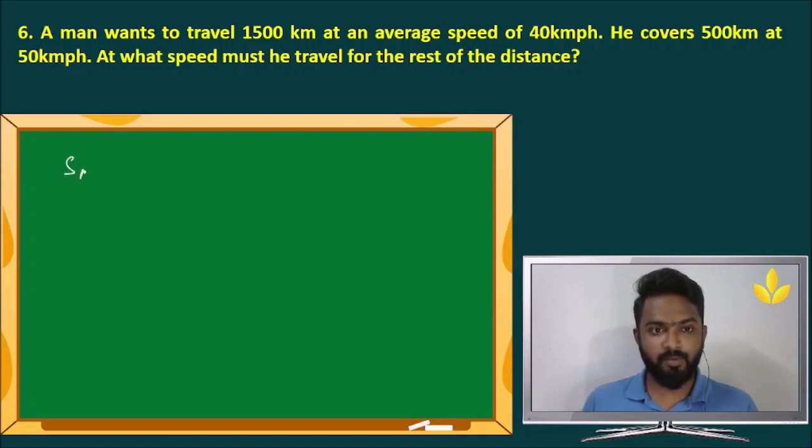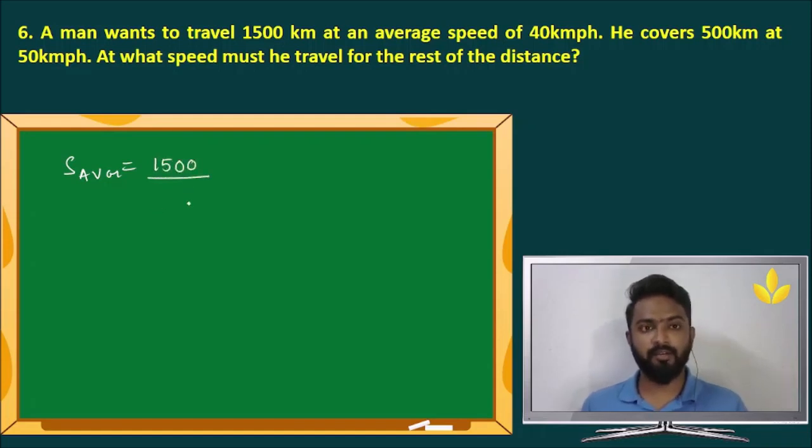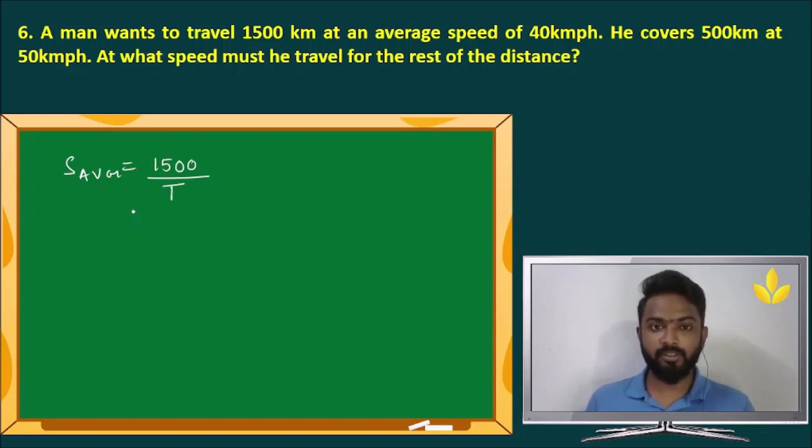Now average speed is nothing but total distance by total time. Total distance is 1500 kilometers divided by total time. Let's first find what is the total time he intends to travel.